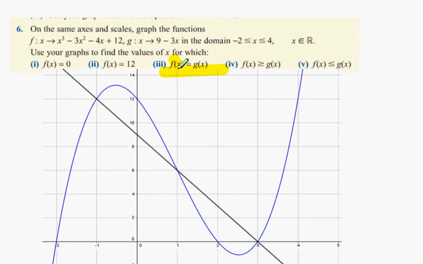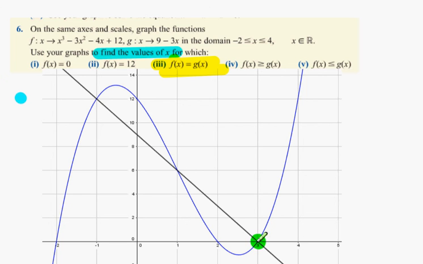Okay. Now, when is f of x equal to g of x? When does the curve equal the line? G of x stands for the line, f of x stands for the curve. Is it asking for x values or y values? Find the values of x for which the following happens. So it's asking specifically for the x values. So where does the curve equal the line?